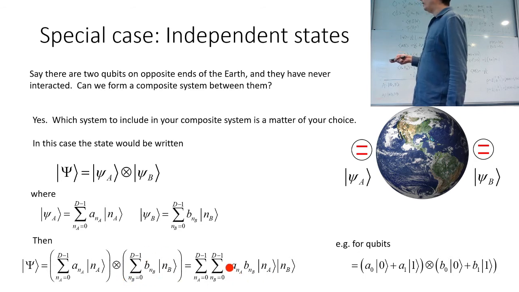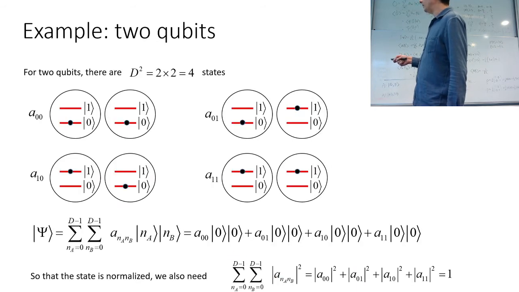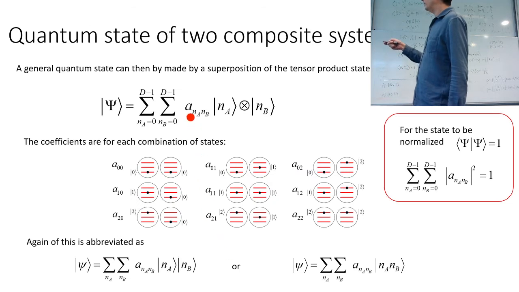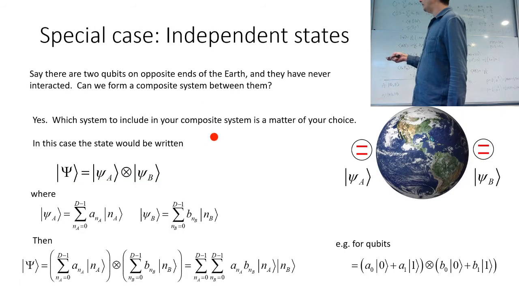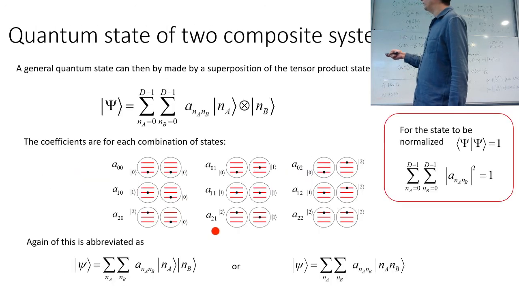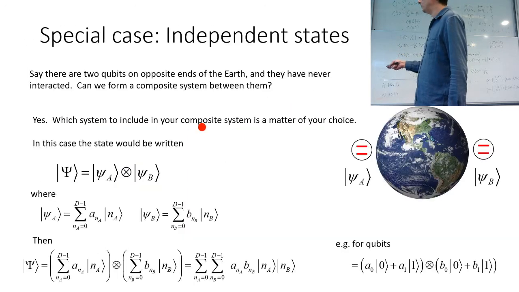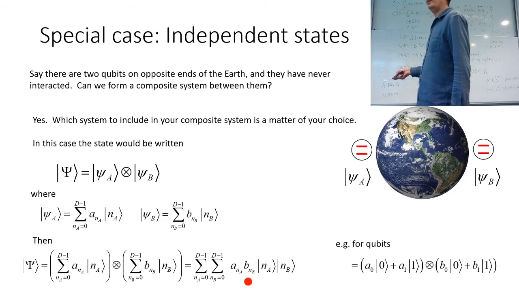So instead of having arbitrary coefficients, for example over here, there were 9 completely independent coefficients, whereas over here there are fewer degrees of freedom, because this has to be a product form, and that is not as general as 9 independent coefficients. This actually only has 6 complex degrees of freedom.